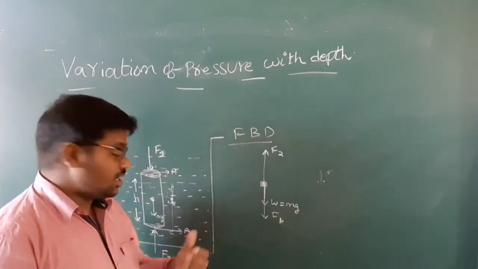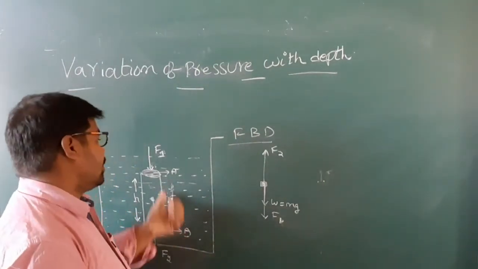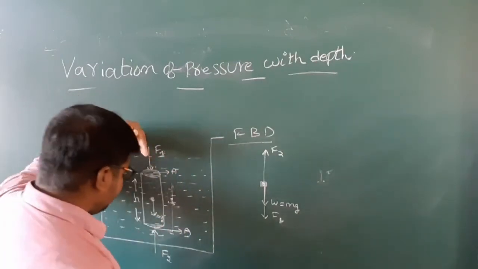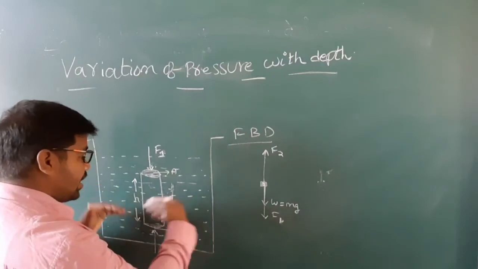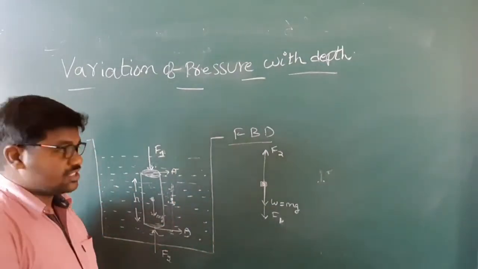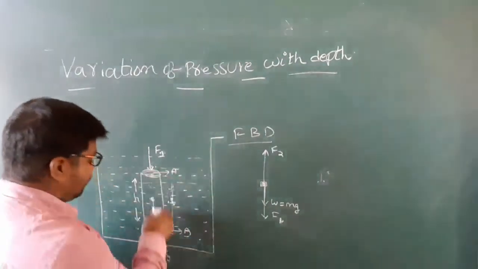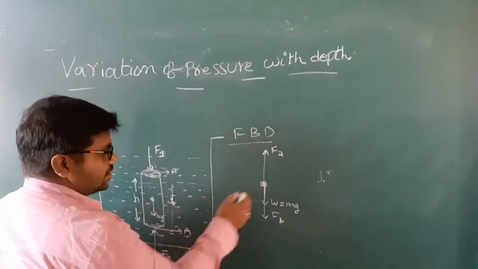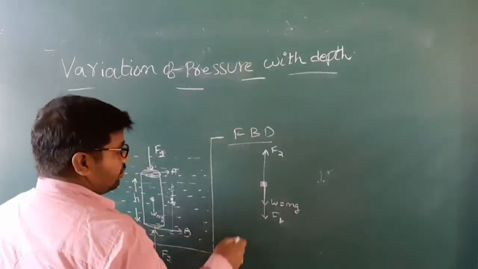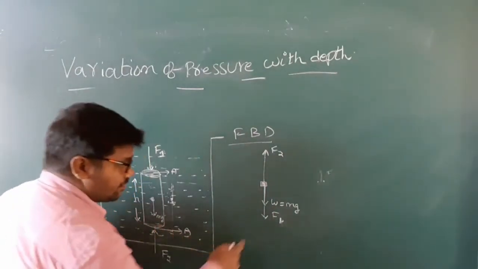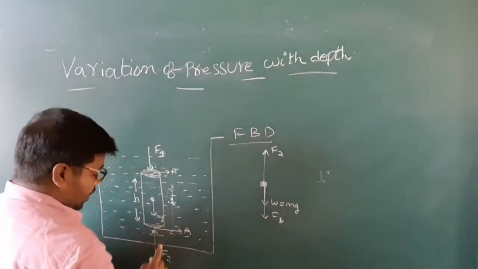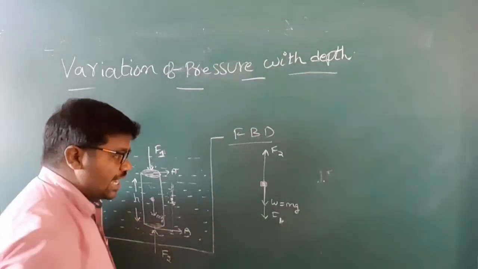That force we denote as F2 and F1. The sideways forces are opposite and get cancelled. So F1 acts downward, weight also acts downward, and F2 acts upward.